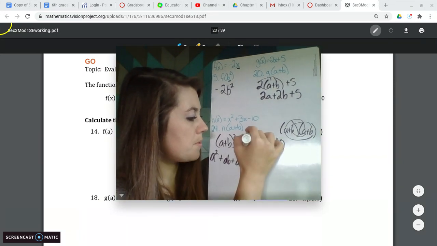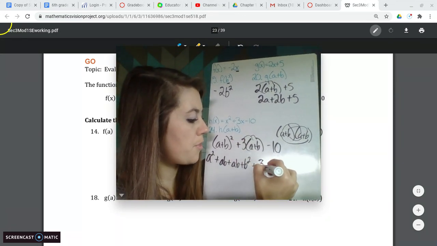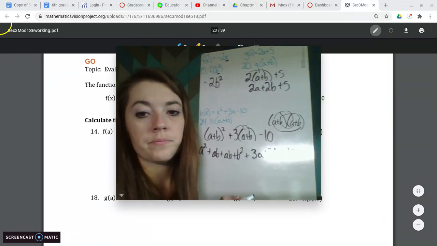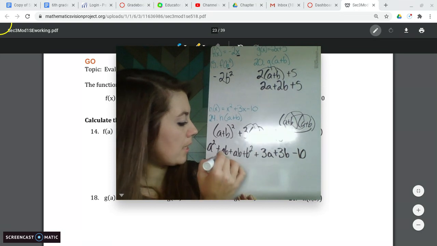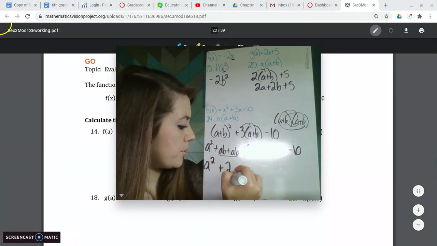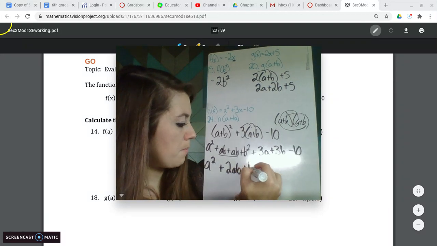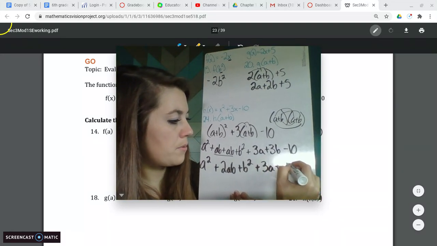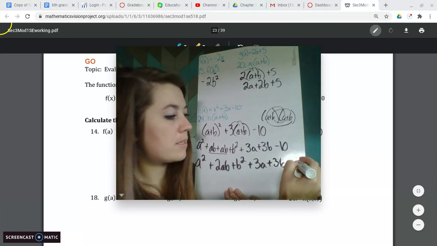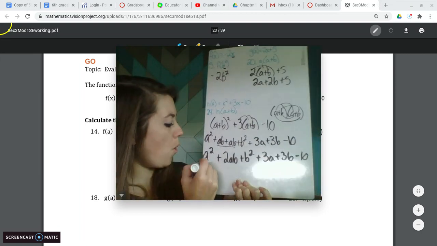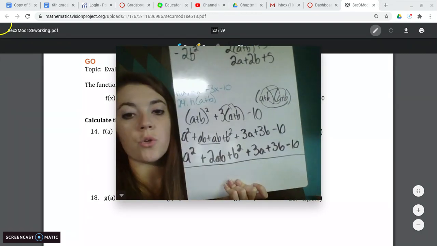So then plus, we distribute the 3 to both things here, 3a plus 3b minus 10. Now we combine like terms. So we've got a squared plus 2ab plus b squared plus 3a plus 3b minus 10. So a very long answer because this whole entire thing right here is your answer.